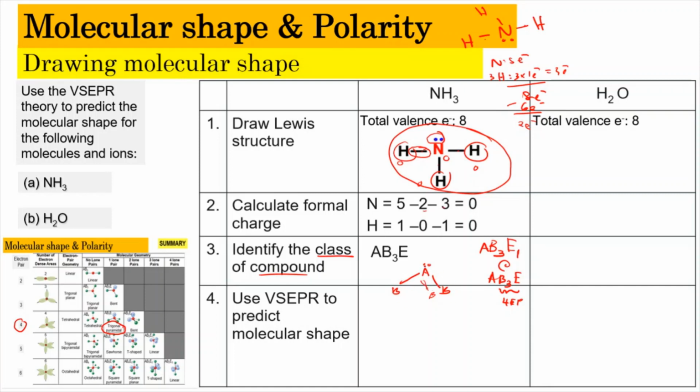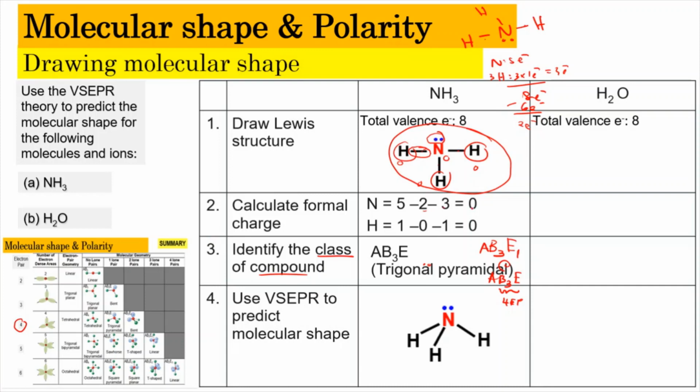Okay, so AB3E, and the shape name is going to be trigonal pyramidal. So now we're going to transfer this shape into the correct shape, which is going to look something like this. It is the same as what you have seen in the summary in the previous video.